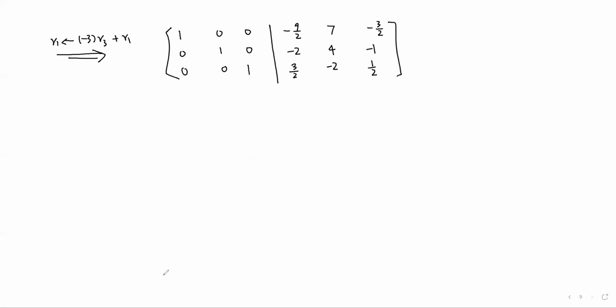So matrix A, this part, the coefficient matrix, is successfully transformed to the identity matrix. Therefore, this part here is the inverse of the matrix.